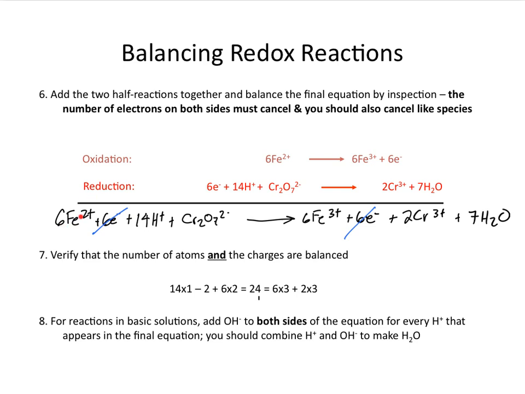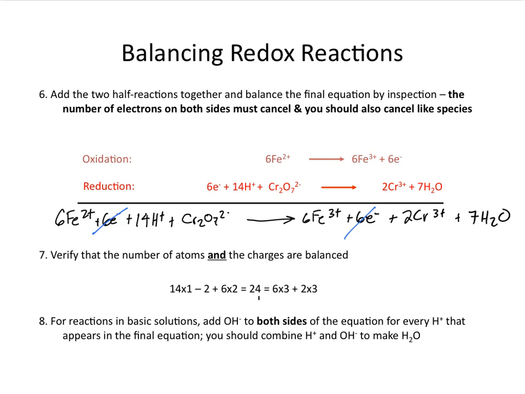Okay, now are there any other species that are the same on both sides? I have Fe2 plus on the left, Fe3 plus on the right, those don't cancel each other. I have H plus on the left, I don't have any H plus on the right, those aren't going to cancel. Cr2O7 2 minus, this ion here, I have it on the left, but I don't have it on the right. Okay, so basically guys, this is the equation that you would end up with after you have summed those 2.